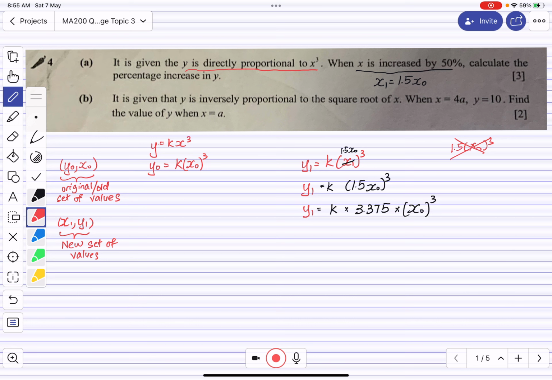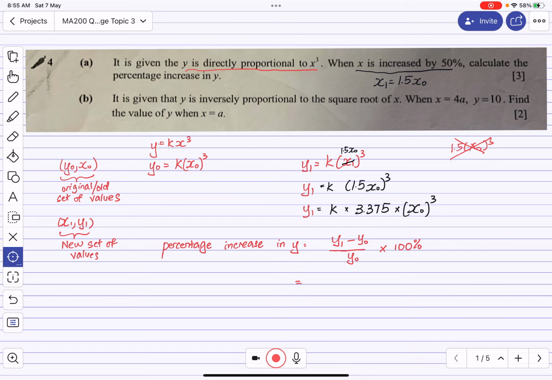Now I want to calculate the percentage increase in y. Originally I have this, and this is my new y1. To calculate the percentage increase in y, I should take the new y minus the original y, divided by the original y, multiplied by 100%, because we are calculating the percentage difference.